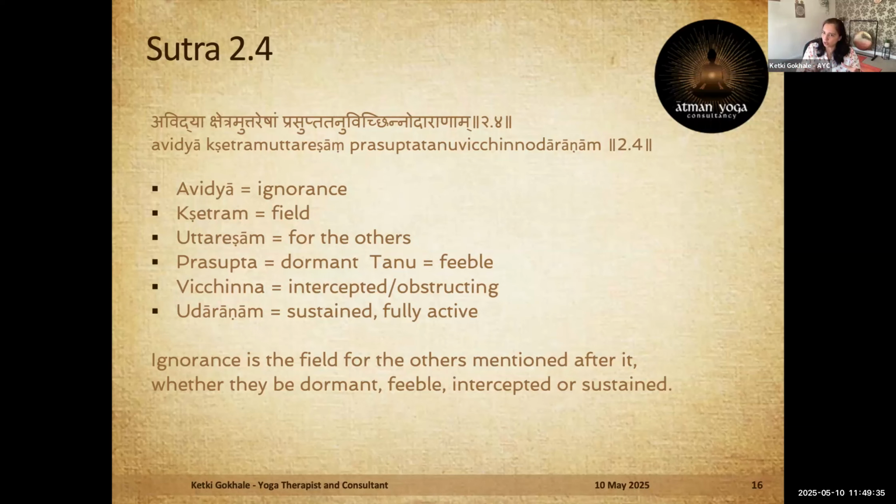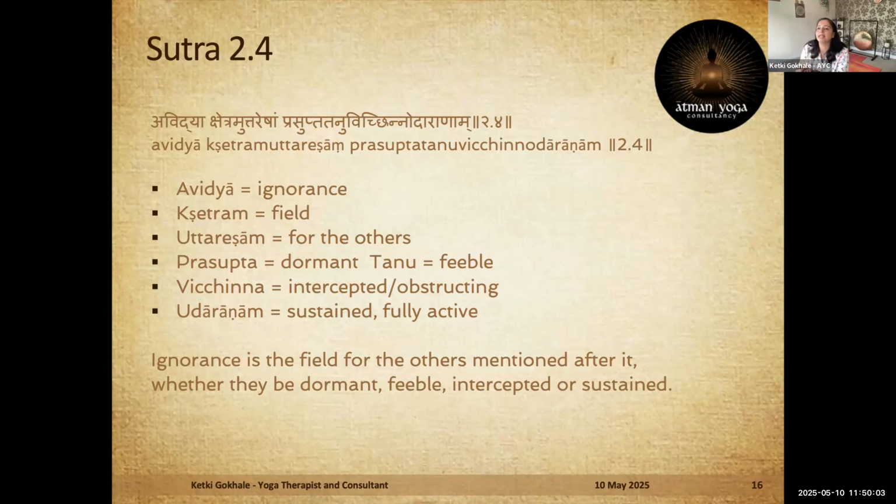They are either dormant, weak, obstructing, or very strong kleshas. Ignorance is the field, the ground for the others mentioned after it. Asmita, raga, dvesha, and abhinivesha will sprout from it.